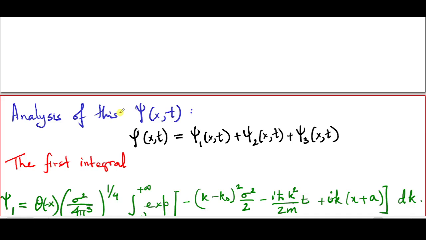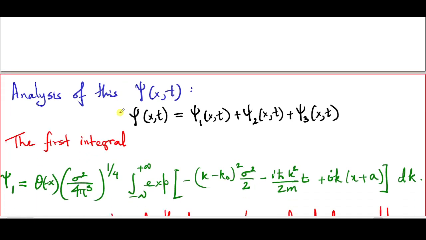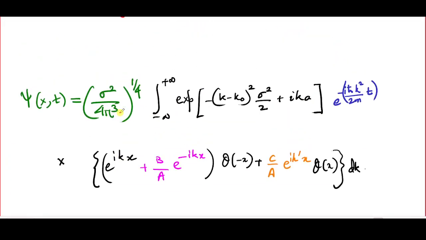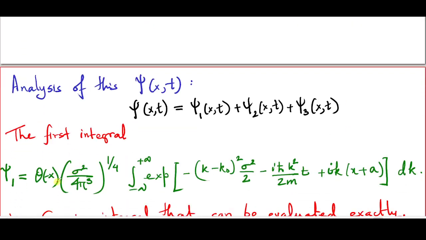The very first integral, psi 1, simply comes from taking all of this and e to the ikx dk. So what you get is theta minus x, which being a constant as far as the k integral is concerned can be moved out of the integral, into the normalization constant sigma square by 4 pi cube to the power 1/4.